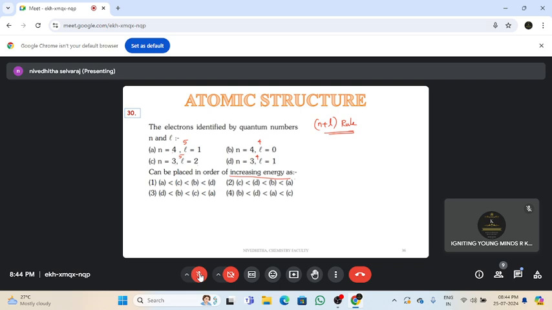But among B and D, which will have lower energy? D, because it has the lower principal quantum number, which is 3. So the lowest energy is D, after which B, after which among A and C, C and A. So the answer is option C. Is that clear?